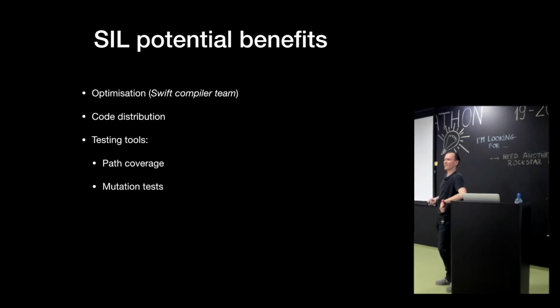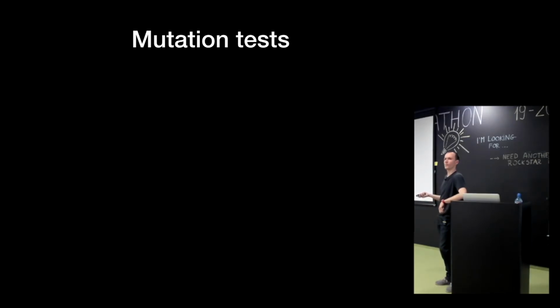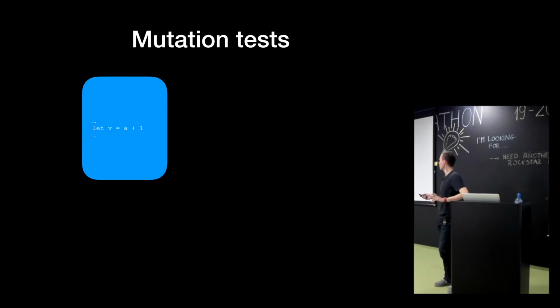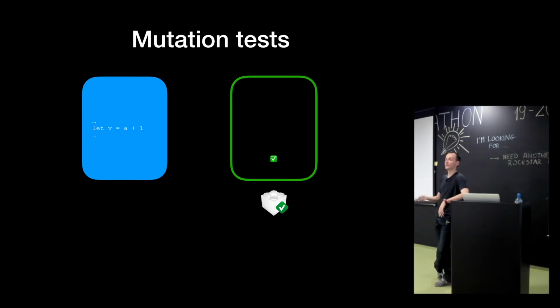So what is a mutation test, by the way? Just to remind you, mutation tests in general evaluate whether your unit tests are correct. They are checking that potential bugs in the implementation will be caught by tests. So how does it work? Assuming that we've got an implementation already, somehow it works, it's defined in some way, and we've got a set of tests that are passing, some green tests.